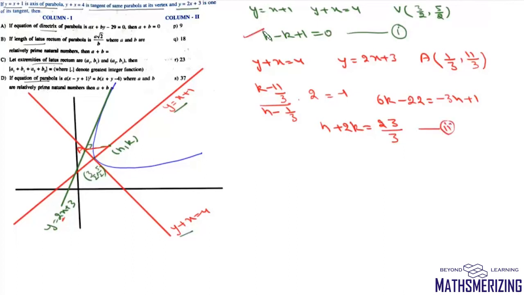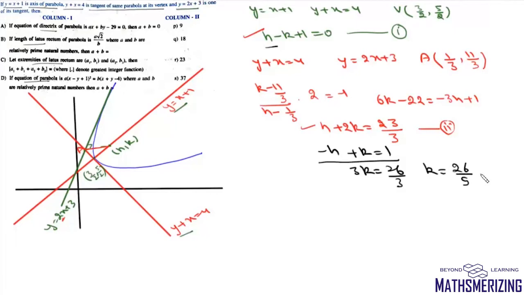So now we have two equations. If we solve these two equations, we'll get the values of h and k. We'll write this equation as minus h plus k is equal to 1. So we'll add them, and we'll get the value of k. We'll get 3k equals 26 by 3, so the value of k is 26 by 9.